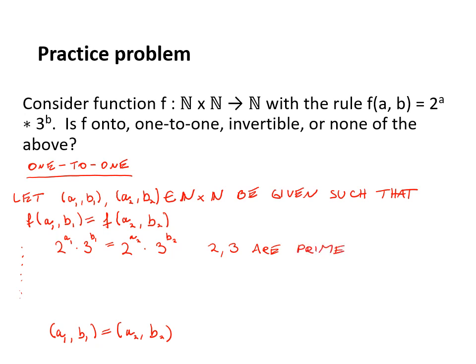And so from that, it follows that this equation holds only if A1 is equal to A2 and B1 is equal to B2. And from this, it follows that these two pairs are equal. And so this finishes the proof that f is one-to-one.